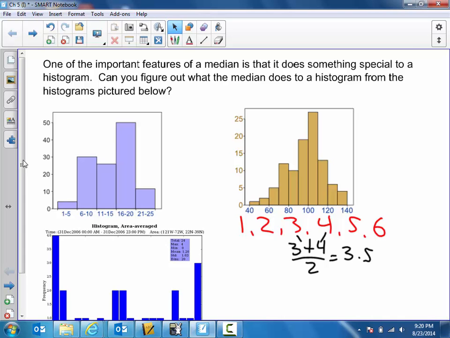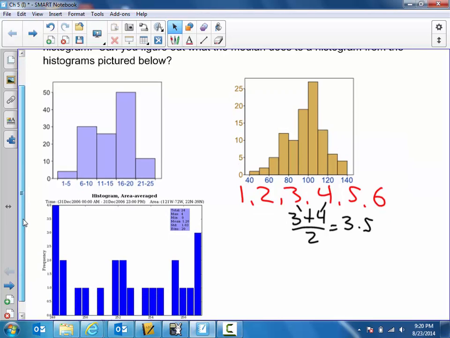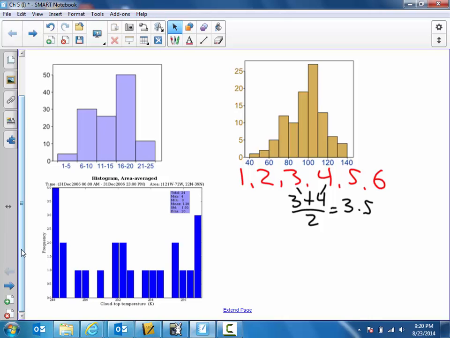The reason we can cut these histograms vertically to find the median is that on the horizontal axis of each of these three histograms, you've already got the quantitative data set up in ascending order. For the first one, top blue, we've got from 1 to 25 in numerical order. Same with the 40 to 140. Same with the bottom left, which I can't read.